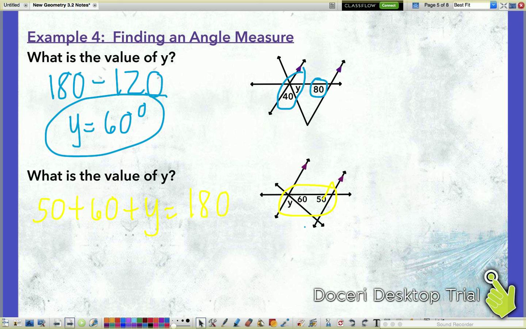Okay, so that would be 110. You don't need to set up an equation like this. I'm just showing you how I get to the answer. So y would be 70 degrees. I won't put anything like that on your test, just the stuff before and then the stuff that we're going to do.